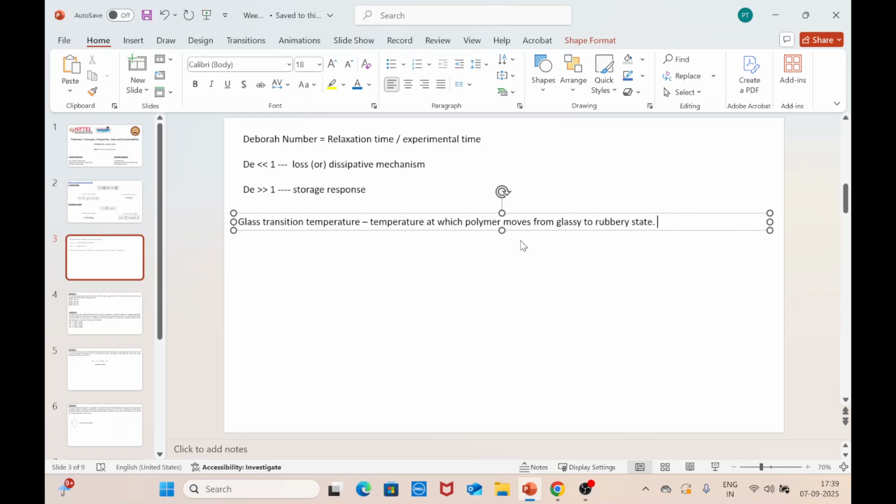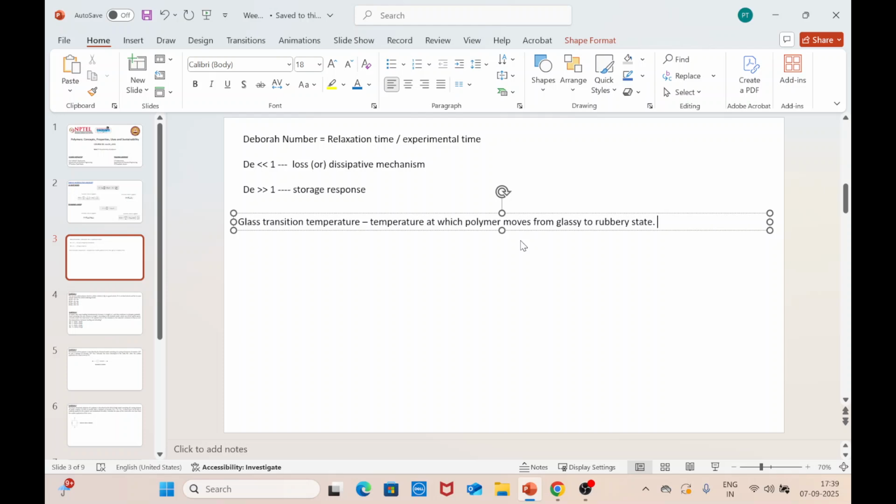Now the question is, how does this affect the modulus of a polymer? Again, when we say that the polymer exhibits flow-like behavior, we only talk about the segments of the macromolecules.